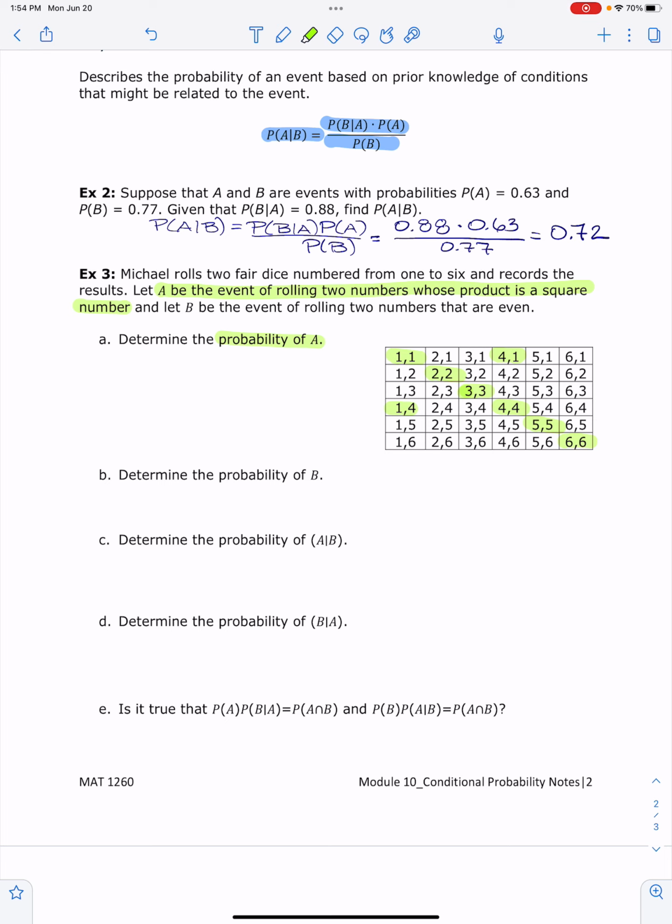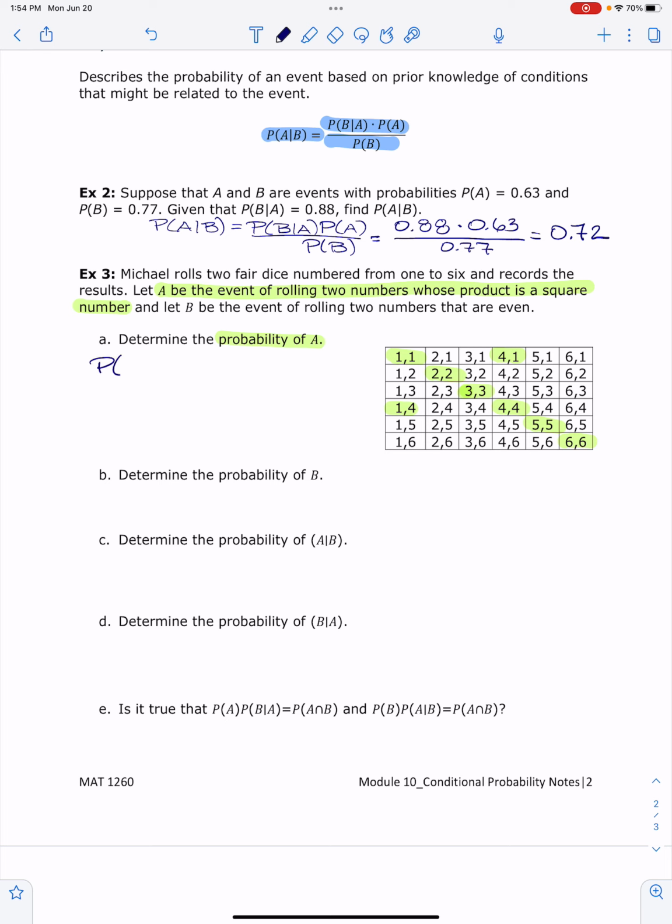So we've got 3 times 3, which is 9. No other way to multiply to get that. 4 times 4 is 16. The only other thing we could do is 2 times 8, and we don't have that option. And 5 times 5 and 6 times 6 are also out of there.